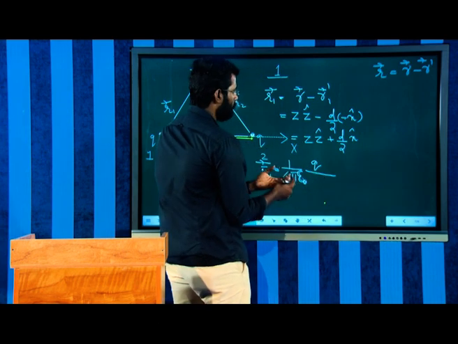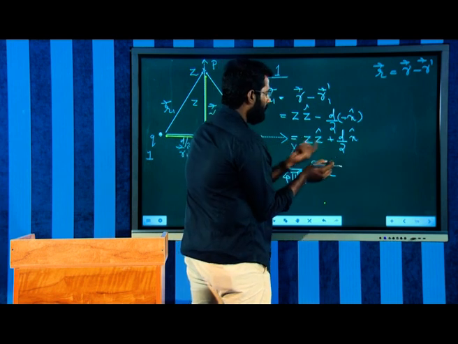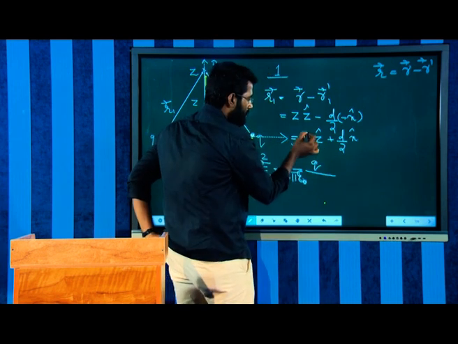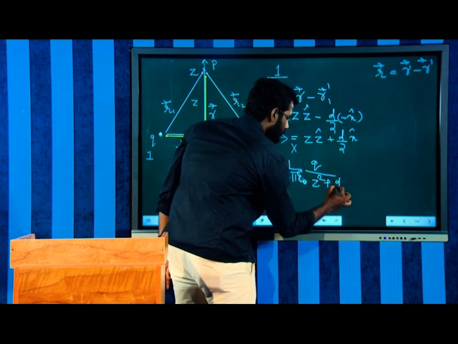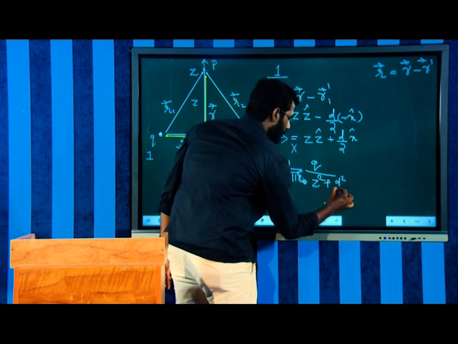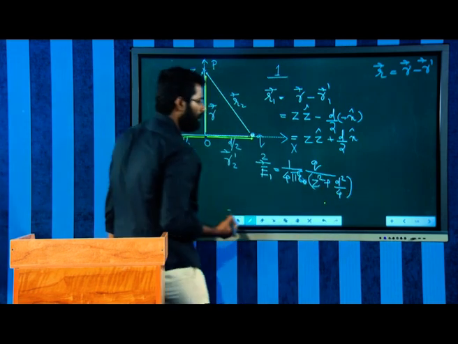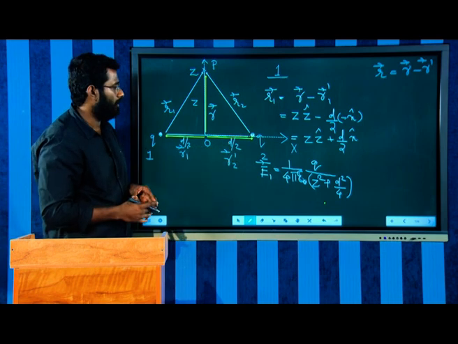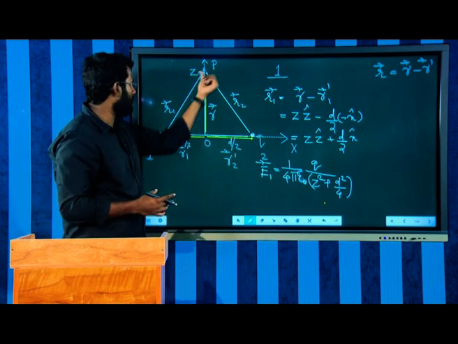You know how to take the square of a vector: take the square of the individual components. Here the z component gives z square plus d by 2 the whole square, or d square by 4. Sorry, this is the square of the distance between them.